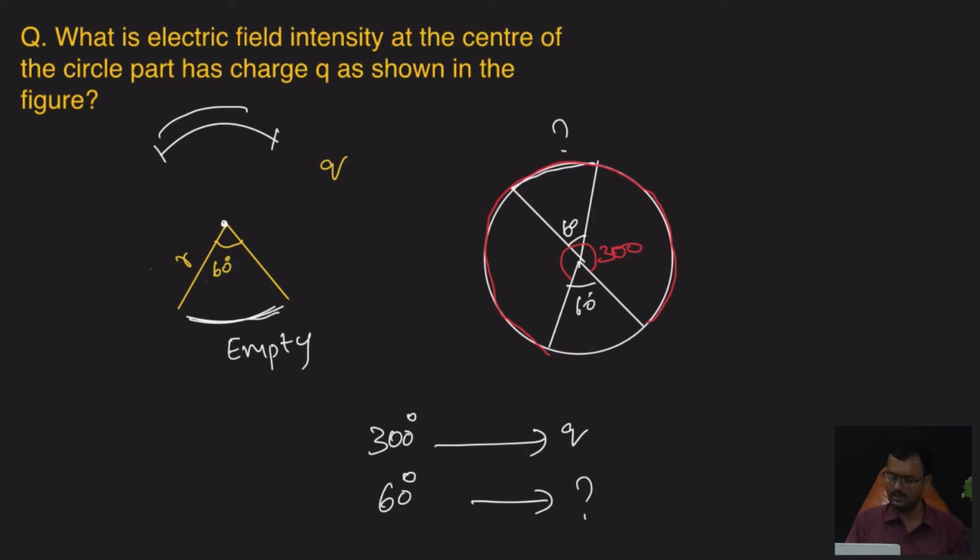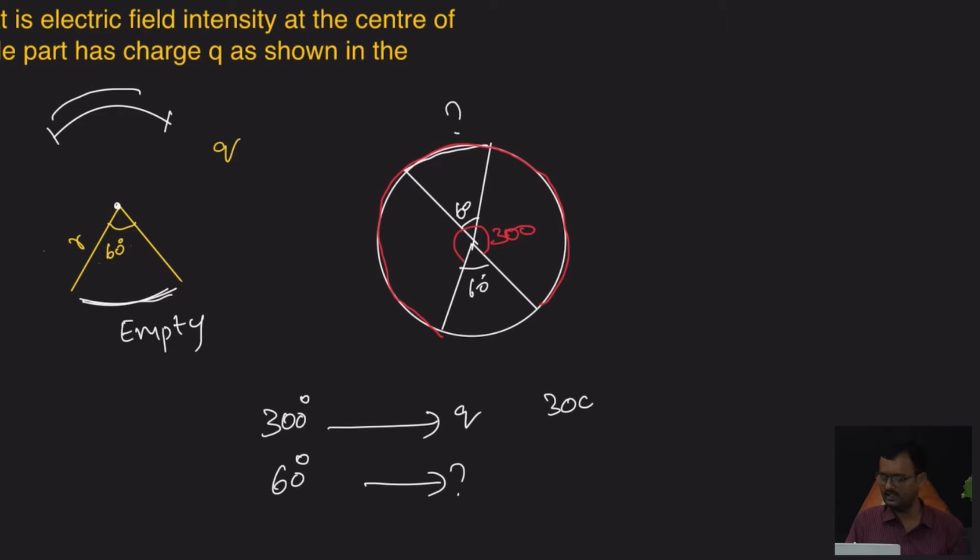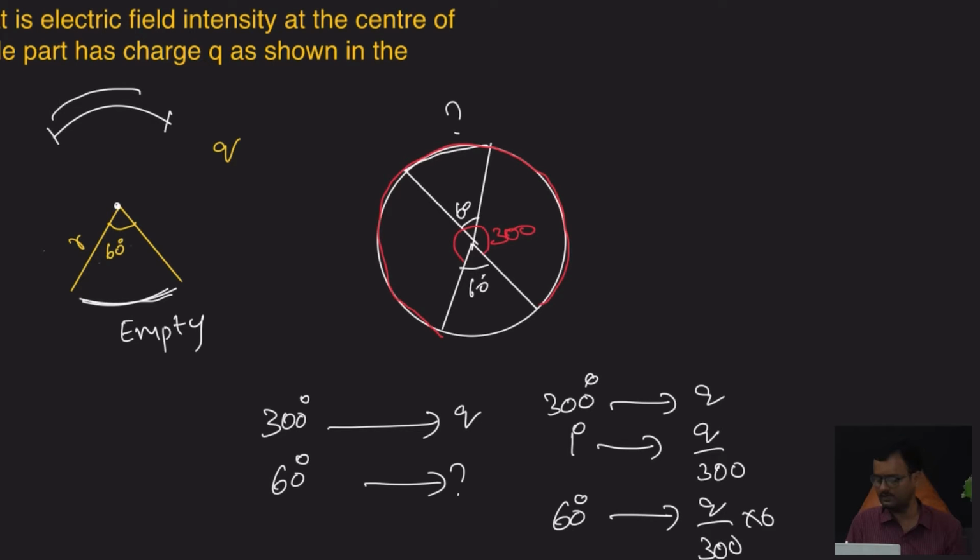See here, for 300 degrees the charge is q, so for 1 degree it is q by 300, so 300 goes to the denominator. I want the charge for 60 degrees, so that is q by 300 into 60, that is q by 6. So the charge is q by 6.